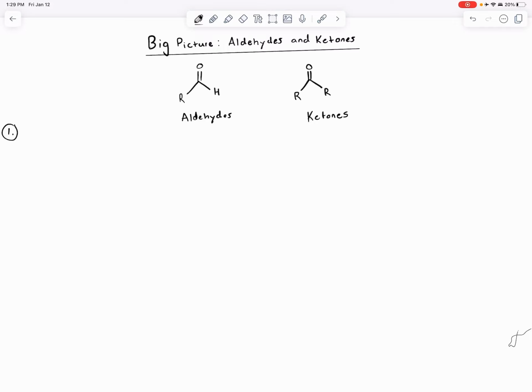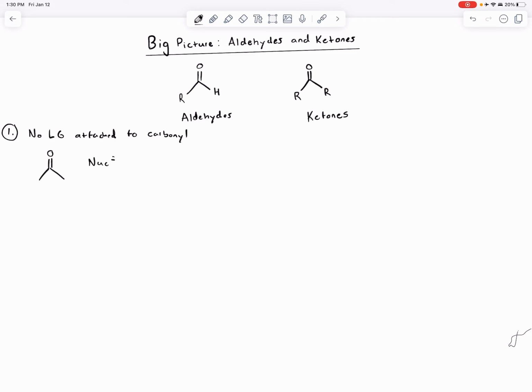So, aldehydes and ketones have no leaving group attached to your carbonyl.